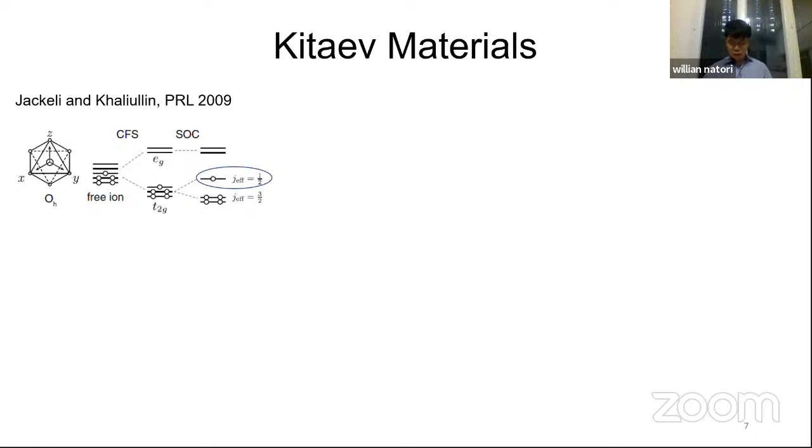Much of the continuing interest in this model is because it turns out to be relevant to describe the magnetism of a class of materials. You can see this seminal paper from Jackeli and Khaliullin, a PRL from 2009, in which they describe how this Kitaev physics would arise in 4d5 or 5d5 based Mott insulators.